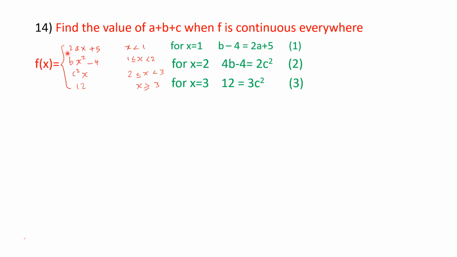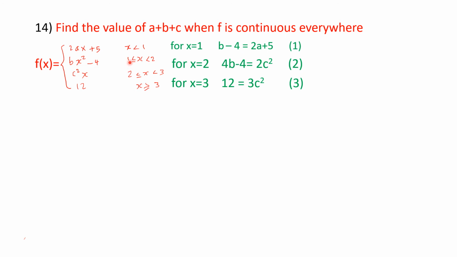The first branch is 2ax plus 5 when x is less than 1. The second branch is bx squared minus 4 when x is greater than or equal to 1 and less than 2. The third branch is c squared x when x is greater than or equal to 2 and less than 3. And the last branch is equal to 12 for x greater than or equal to 3.